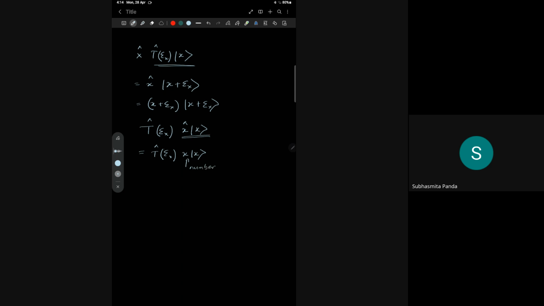So then what will happen? This will come to the left of the operator. This will be equal to x, and then that will be what?